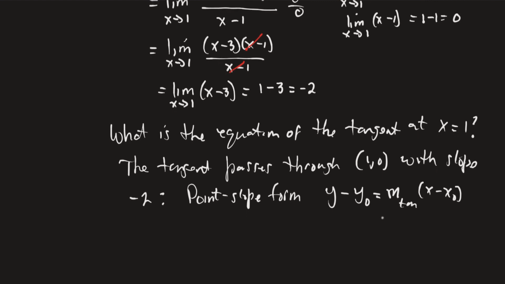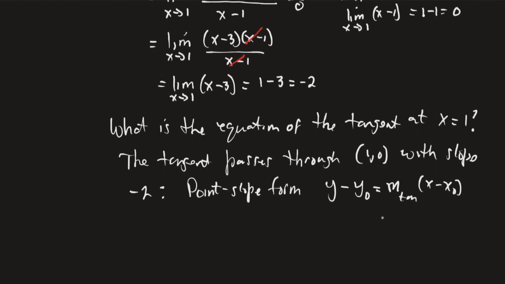And then let's plug in the three numbers that we have. What are those three numbers? Well, the y value is 0, the slope is negative 2, the x value is 1. And then what we're going to be left with is a linear equation that gives me all the points on the tangent line. So let's simplify.